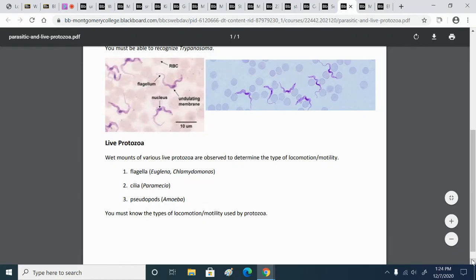Which type of motility do bacteria use? What do they use?